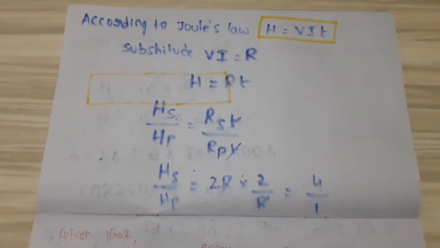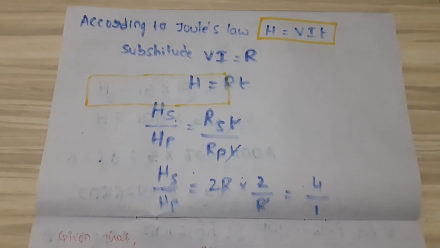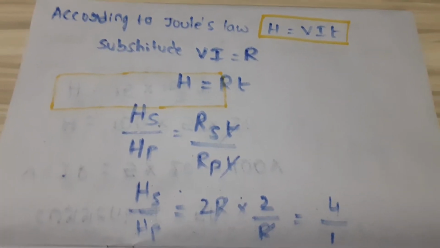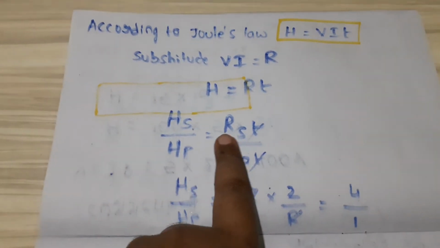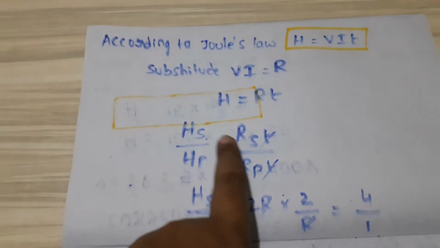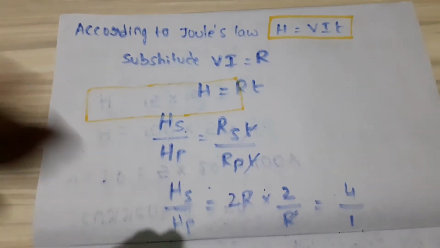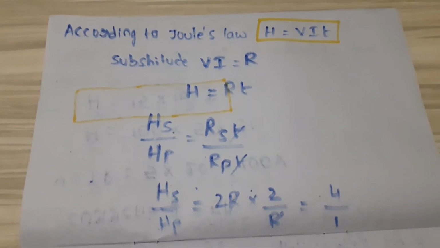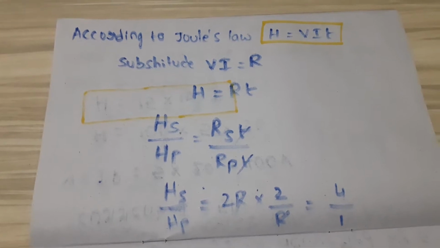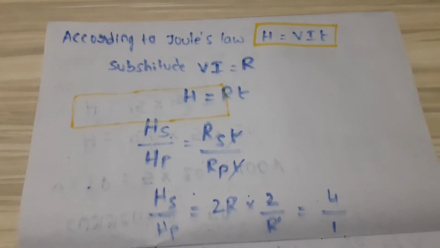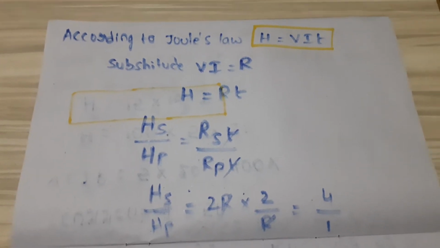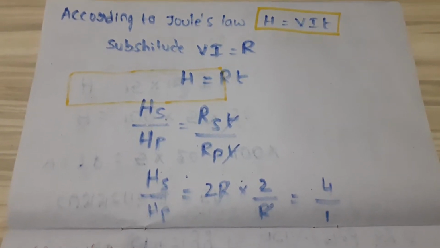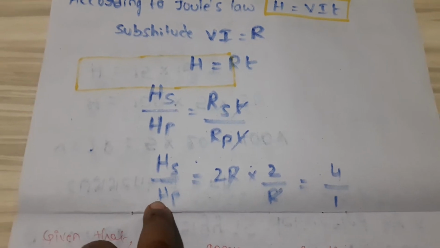So substitute VI equal to I squared R. So I am comparing the produced heat with respect to resistance value. H in case of series combination, HS equal to RS into T. HP in case of parallel combination, RP into T. So T will get cancelled, HS by HP.